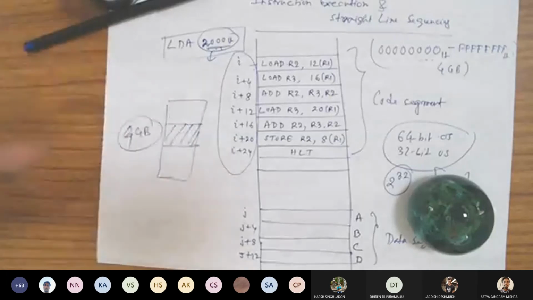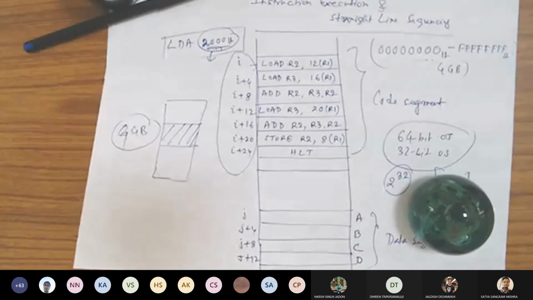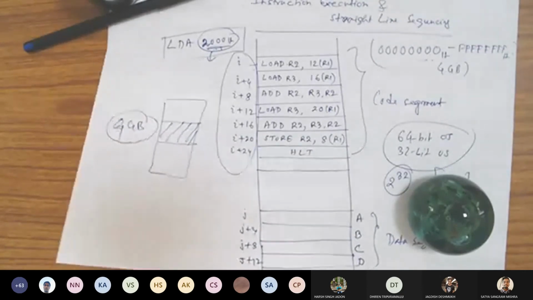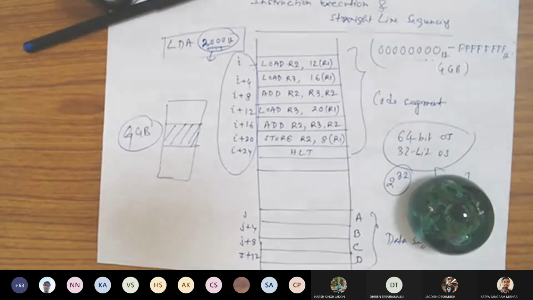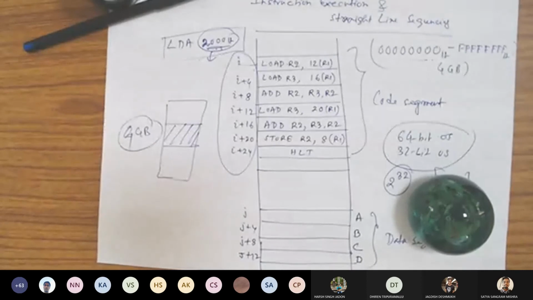See, I'm not explaining subtraction, multiplication. Those are simple things. That's why, when I introduce the assembly language code, I will not explicitly describe each and every instruction. You can easily do it by reading those manuals. But how the instructions are executed, the sequencing, this is more important.